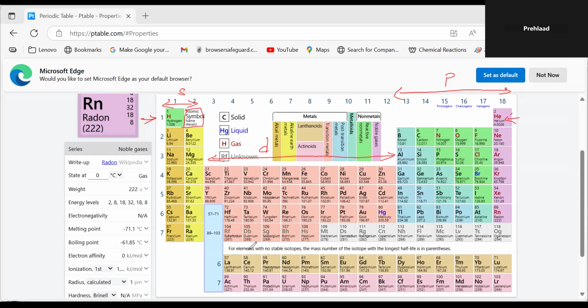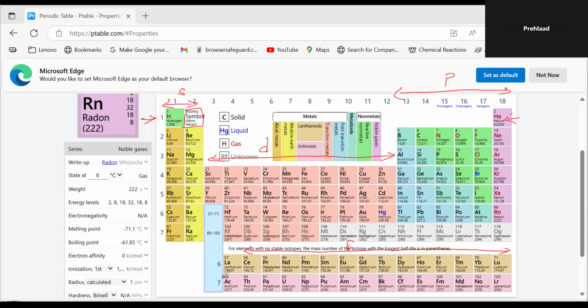And this, 58 to 71, represents the f orbitals. That's how you remember them, not considering La and Ac. Besides helium, those ones are all p. No, helium is not p, helium is s.